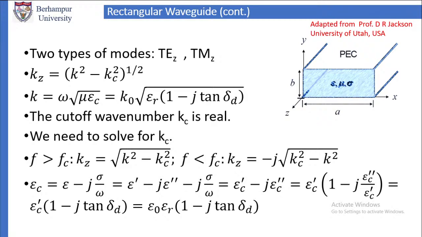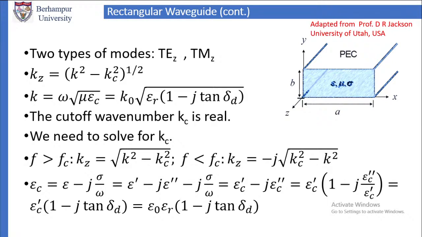Now for this waveguide, if we support TEz mode or TMz mode, then we know what kc squared is. By definition, kc squared is equal to k squared minus kz squared. So from that we get kz equal to the square root of k squared minus kc squared, that is, k squared minus kc squared whole to the power half is kz.